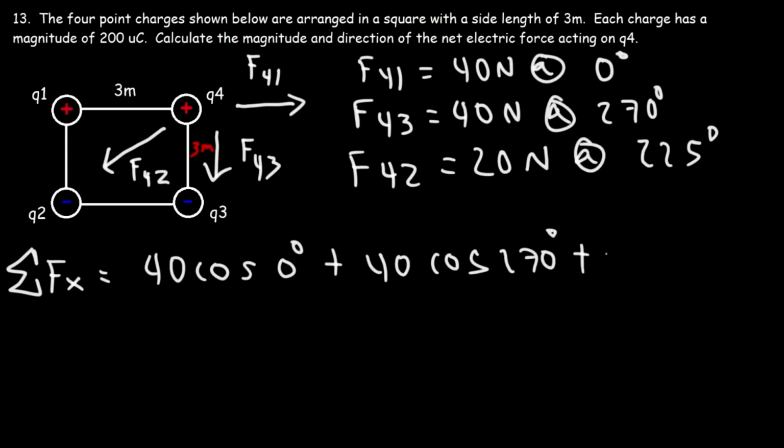And for the last one, it's going to be 20 cosine 225. So go ahead and type this in. So I got 25.86 newtons.